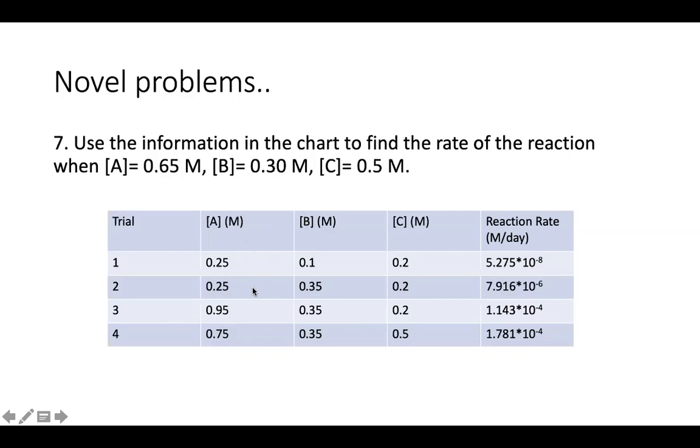Okay, we can do the same thing for reactant A by using trials, I believe it's trials 2 and 3. Yep, in trials 2 and 3, the concentration of B and C stay the same, while only the concentration of A changes, right? So whatever change in rate is caused by the increase in concentration of A is attributed to it, right?